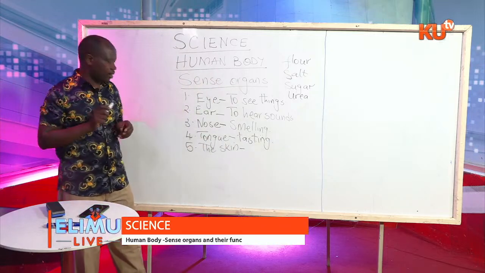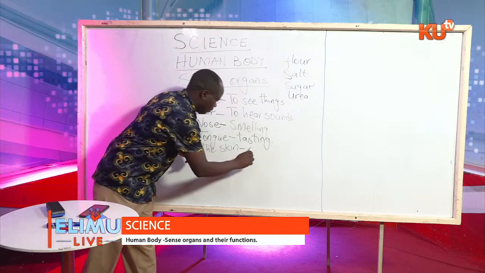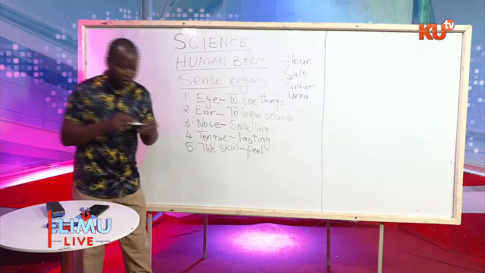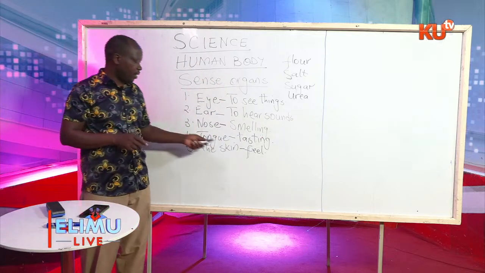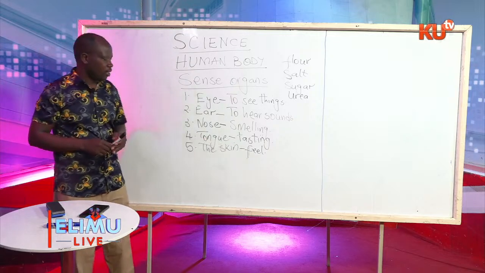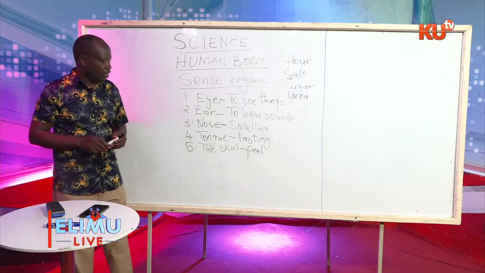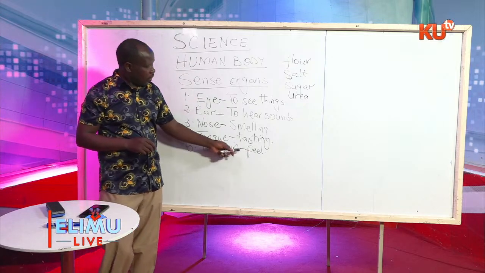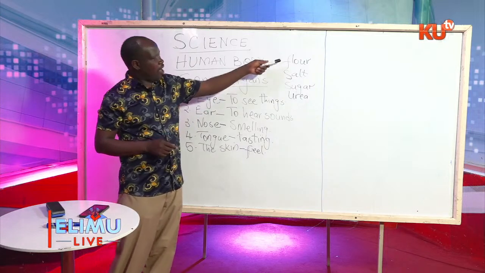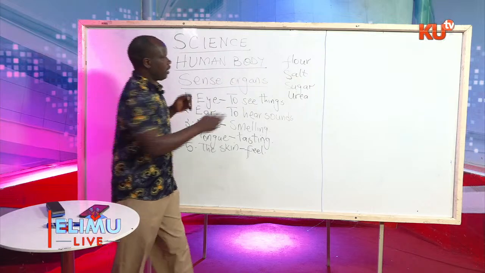So the skin is used to feel. The function of our skin is to feel. You feel hotness, you feel coldness of something. You also feel when you touch, for example, flour and maybe sand. I can add sand.